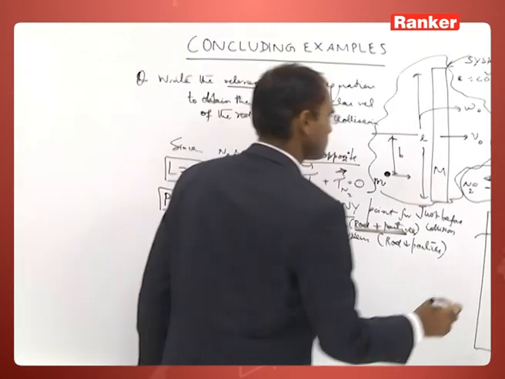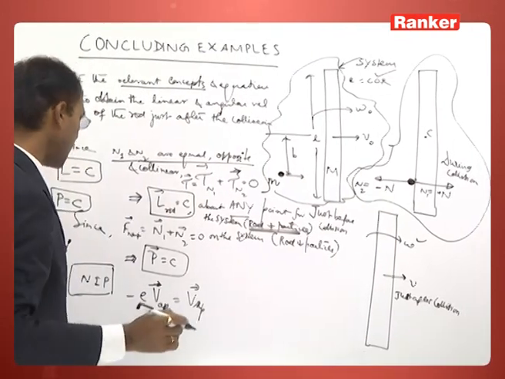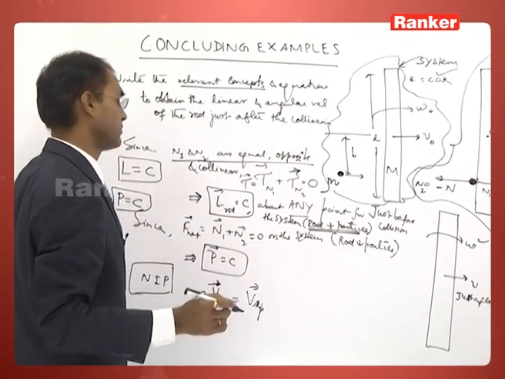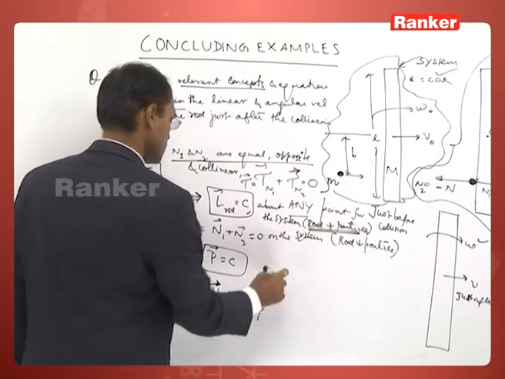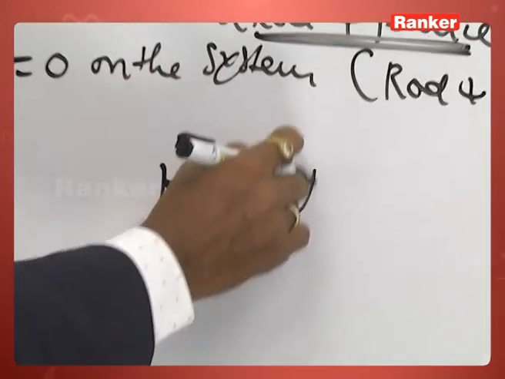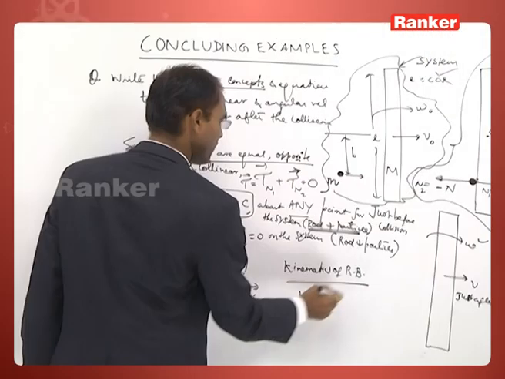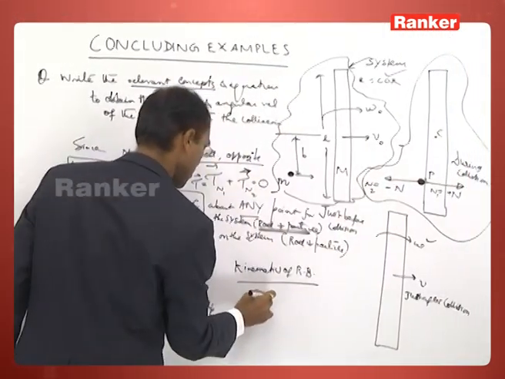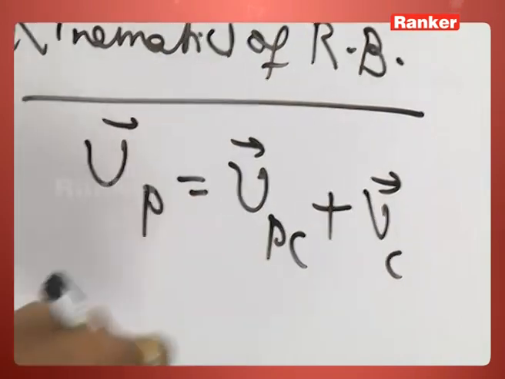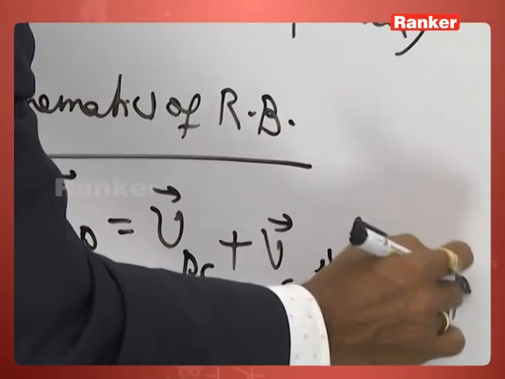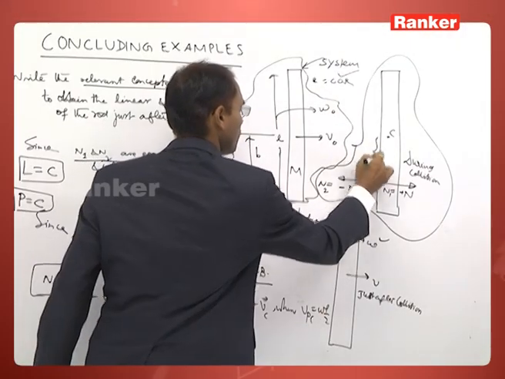And the fourth concept, to find the velocity of this point, we need to apply the concept of the kinematics of rigid body. Velocity of this point P is equal to velocity of the point P with respect to C plus velocity of C, where velocity of P with respect to C is omega L by 2, omega into B.